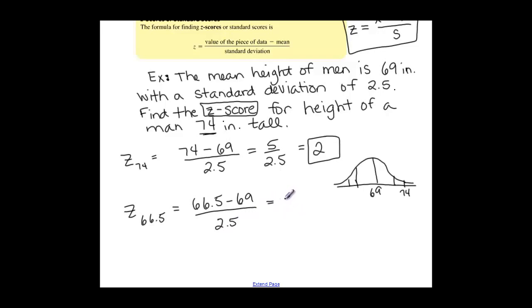That gives me negative 2.5 divided by 2.5, which is negative 1. So this piece of data would have a z-score of negative 1, meaning that the piece of data on the normal curve would fall 1 standard deviation below the mean. So this piece would be 66.5, 1 standard deviation below the mean.